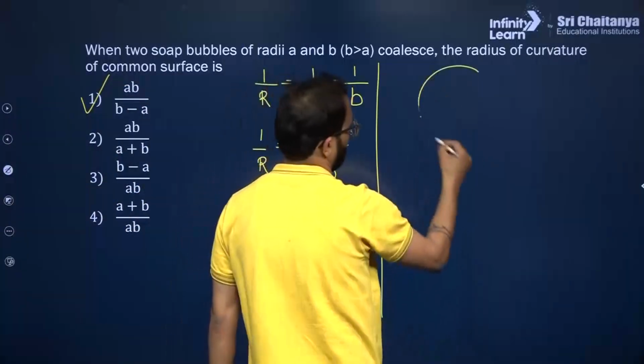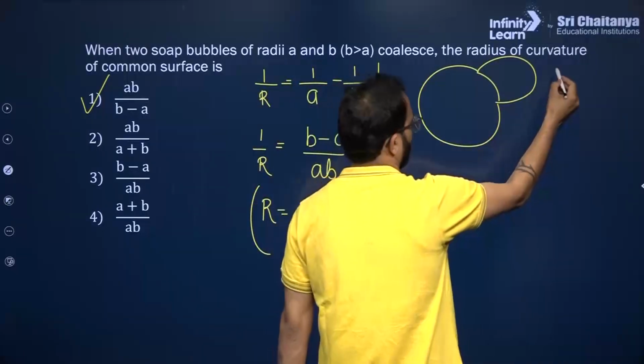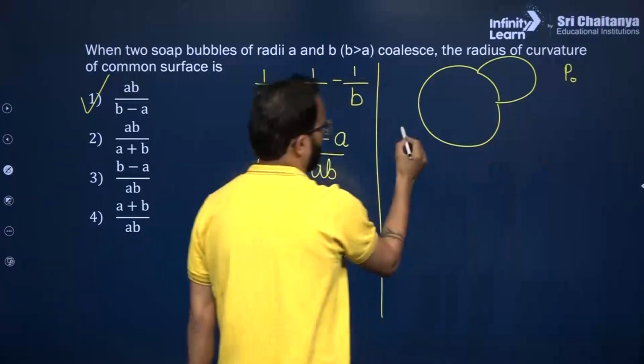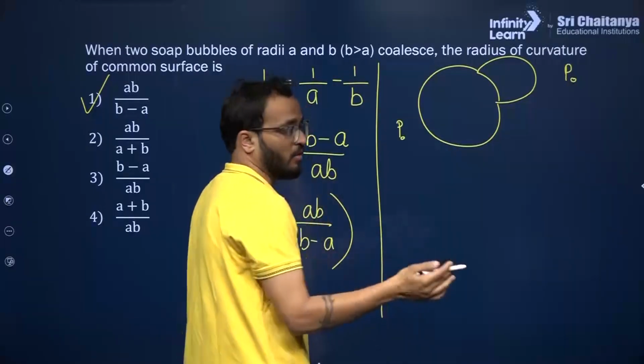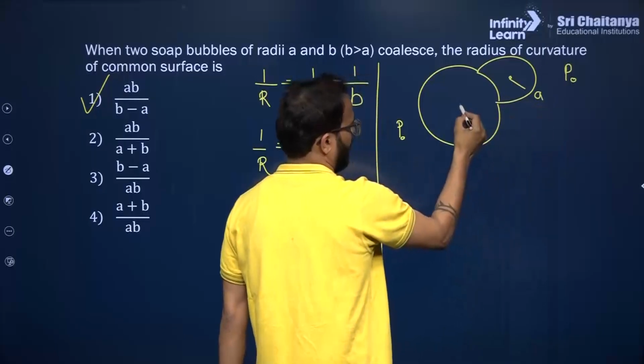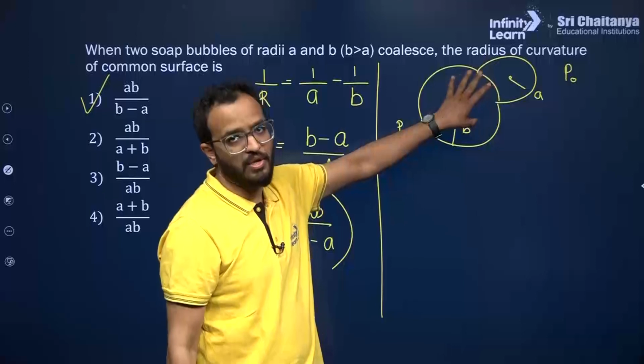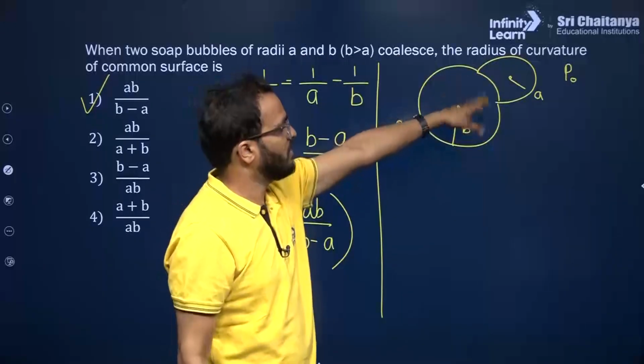You can say this is a bubble, this is a small bubble, like this. So here the pressure is P naught, and here the pressure is P naught. Its radius is A and its radius is B. We don't know whether this surface is concave or convex, so let us assume that it is like this right now.